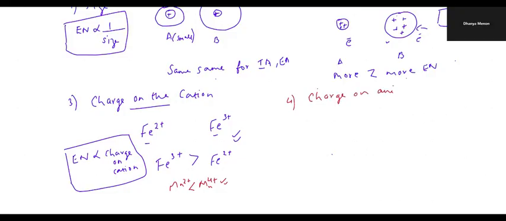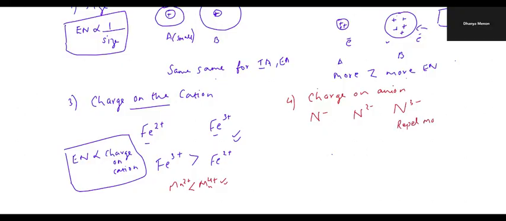For example, if I have N-, N2-, N3-, what would be the electronegativity order? Here there are already 3 negative charges. It is an excess of negative charge. Attracting electrons will not be done so readily. They will repel the electrons, right? So they will repel most.